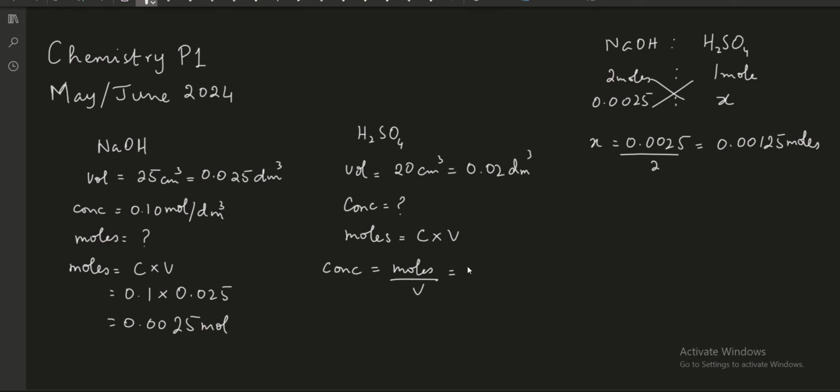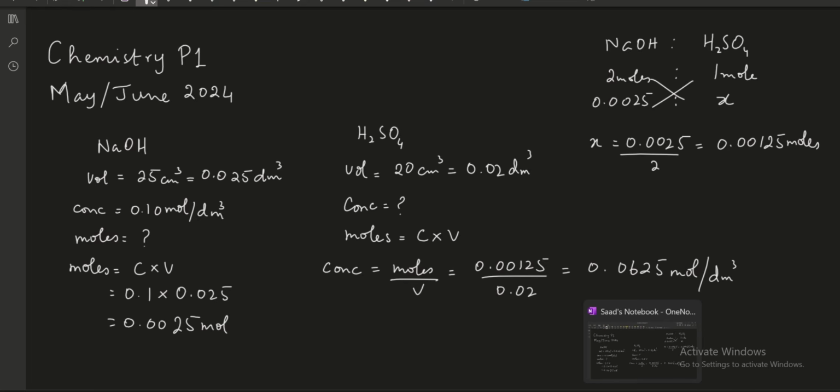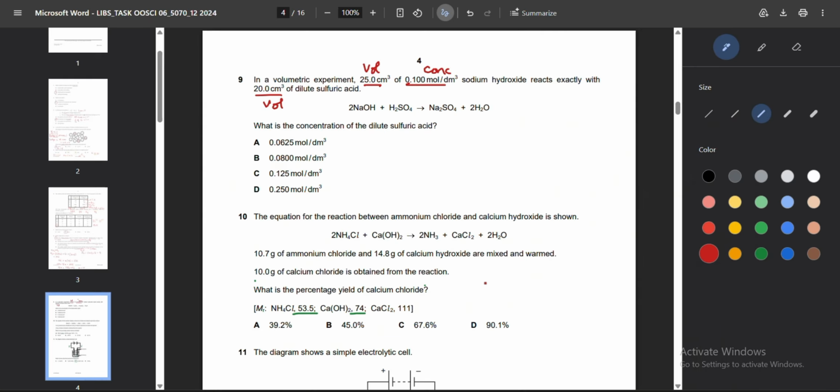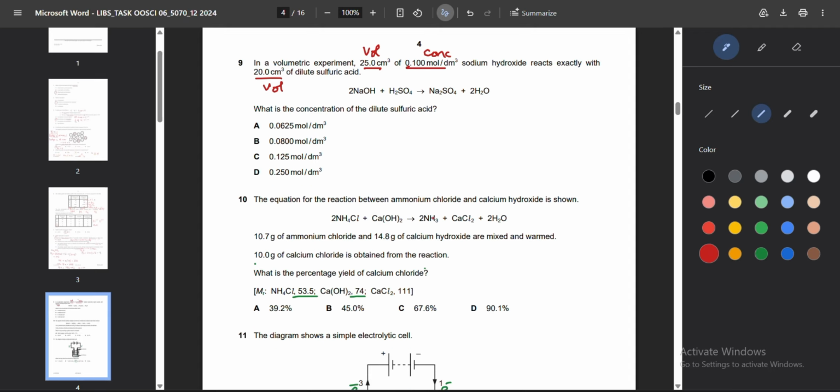Okay, so the moles are 0.00125 divided by the volume 0.02. Your answer would be 0.0625 moles per decimeter cube, which is the unit for concentration. Okay, now let's see which option is given over here. Option A.